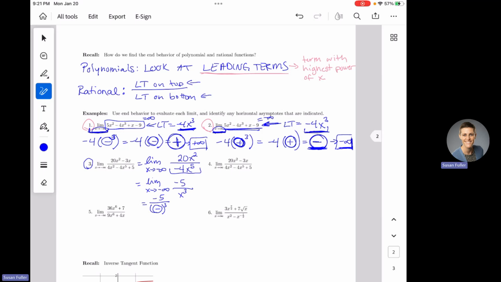First, I have to do that exponent. So what is a huge negative number to the third power? Negative times a negative times a negative gives me a huge negative number. What's negative 5 divided by a huge negative number?